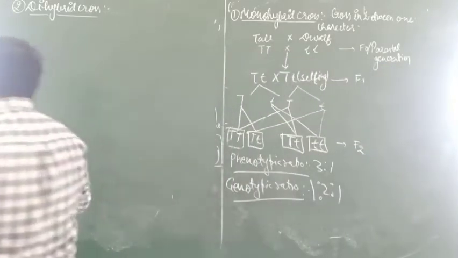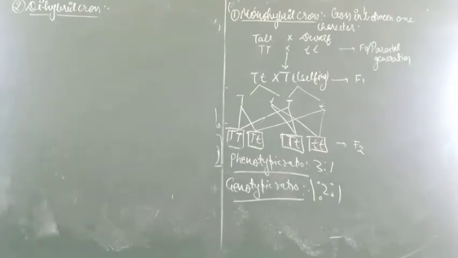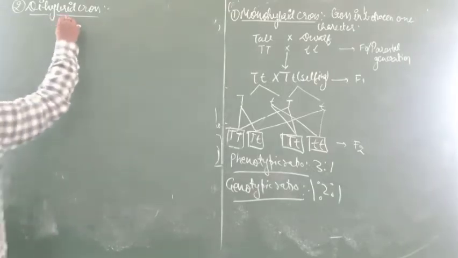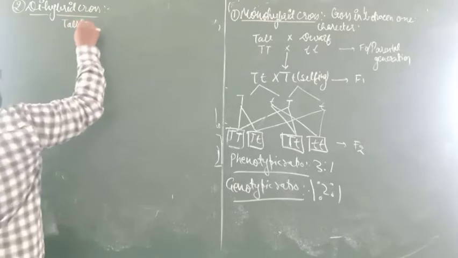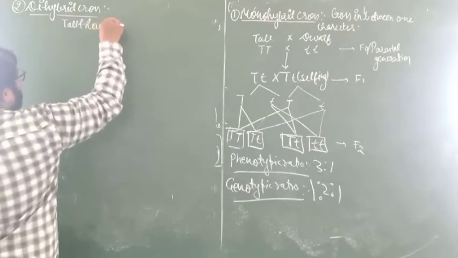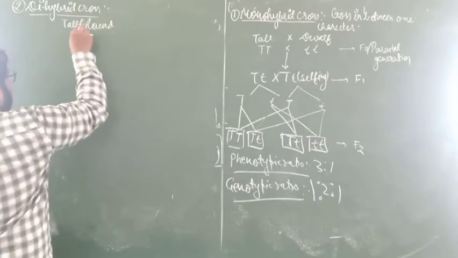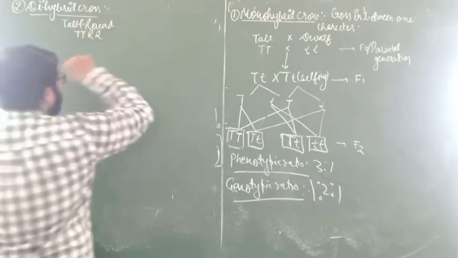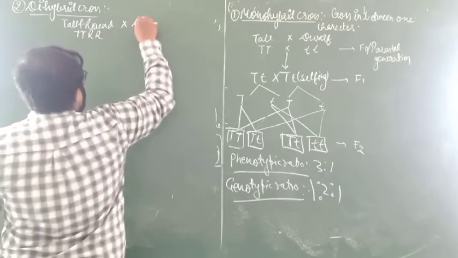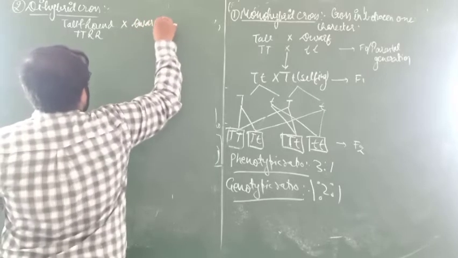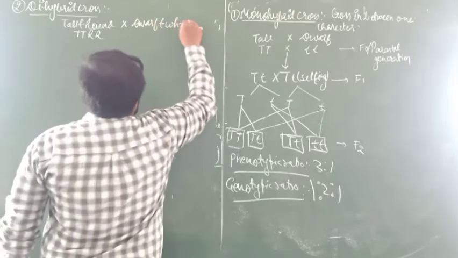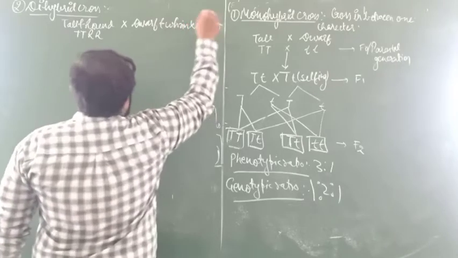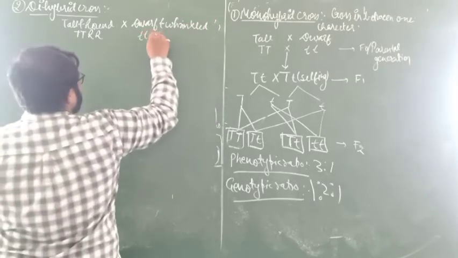Suppose we take tall and round, where tall is the length and round is the seed, capital R, crossed with dwarf and wrinkled, small t and small r.